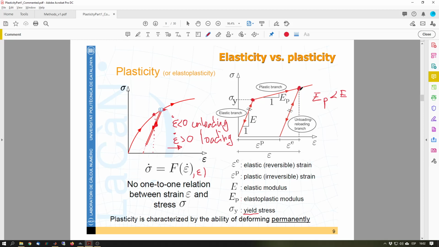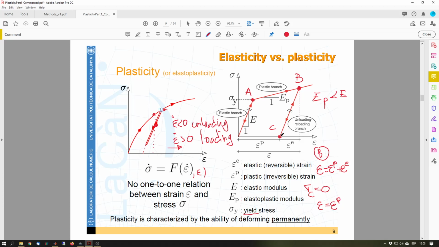So in total, let's call this my point A, and that would be my point B. At B, my total strain is the sum of the plastic irreversible strain plus the elastic reversible strain. If I go back to my point C, it means the stress at C will be equal to 0, but I still have a remaining strain even though the stress is 0.